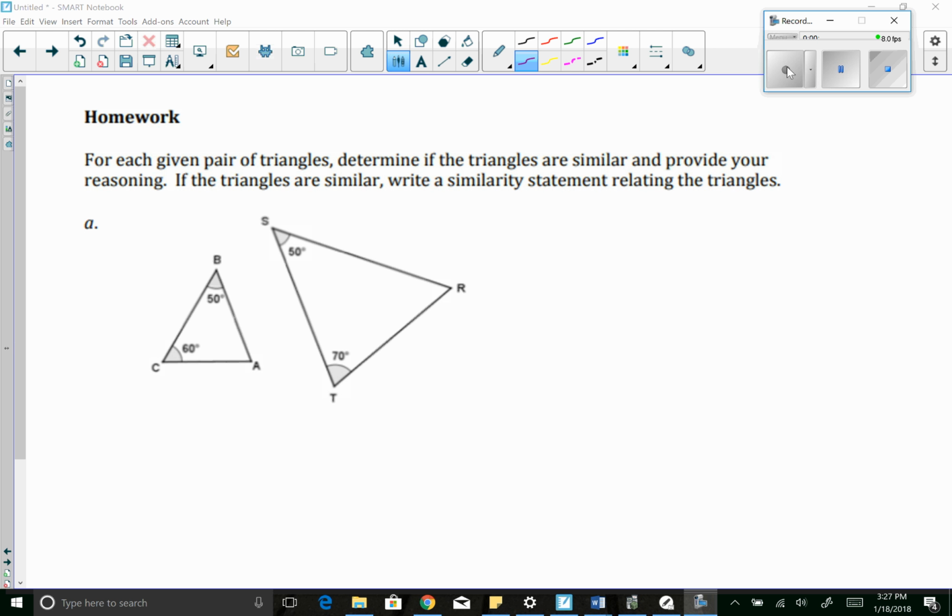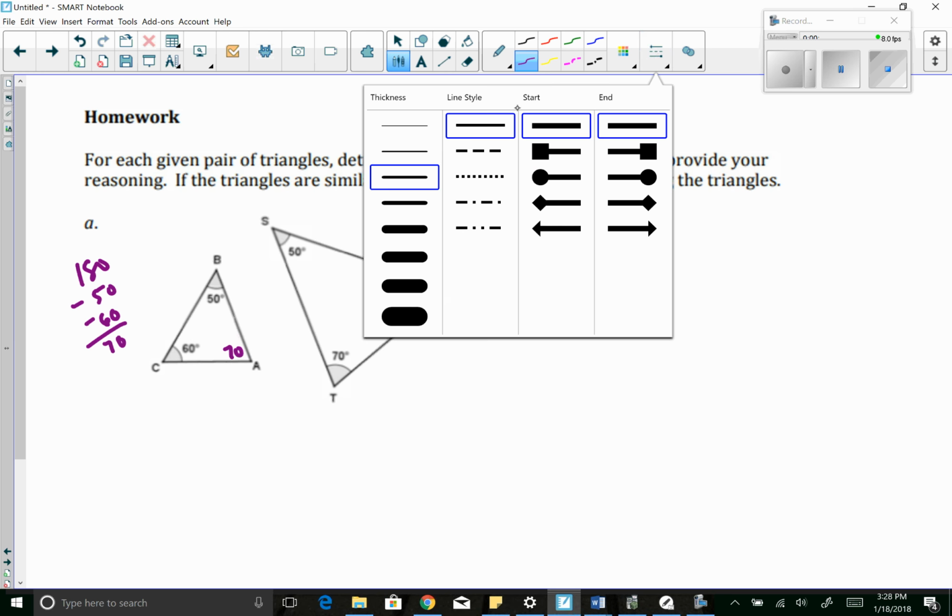Looking at these two triangles, I noticed that angle B is 50 and angle C is 60. So if I do 180 minus 50 minus 60, that leaves us with 70. So that leaves this remaining angle as 70 degrees.